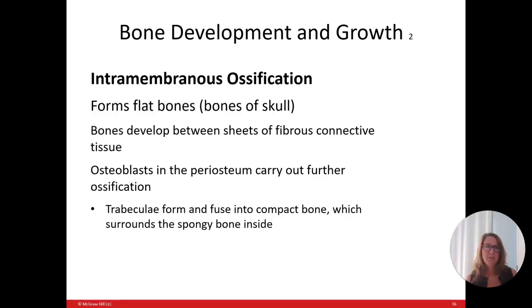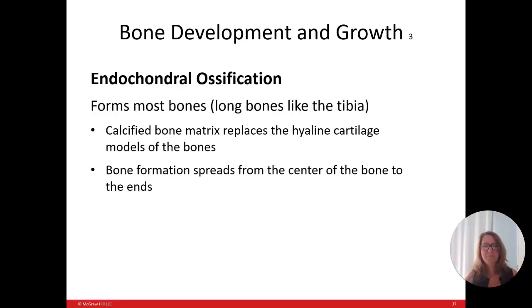Okay, so intramembranous ossification occurs in flat bones. It is essentially developing between the sheets of some fibrous connective tissue that is kind of acting like the template, if you will. So we're just coming back and putting in the harder material. And the osteoblasts, of course, that's our bone building cells, are going to do that.